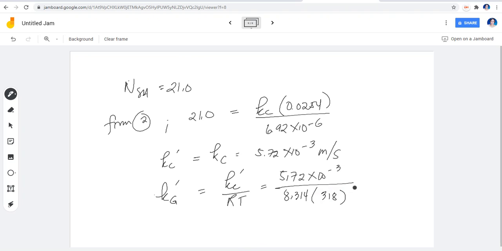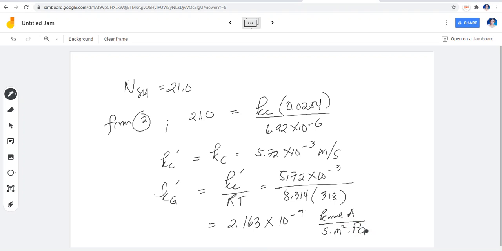So we have a K sub G, which is equal to 2.163 times 10 raised to negative 9. This is kilomole A, our naphthalene, per second per meter squared per Pascal.